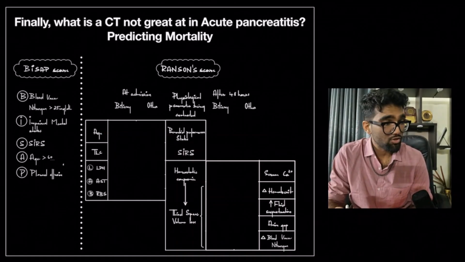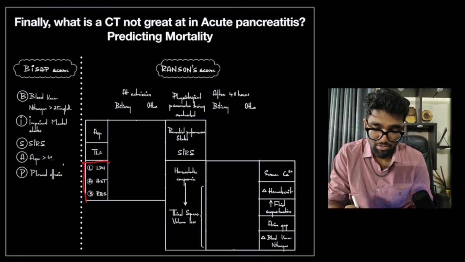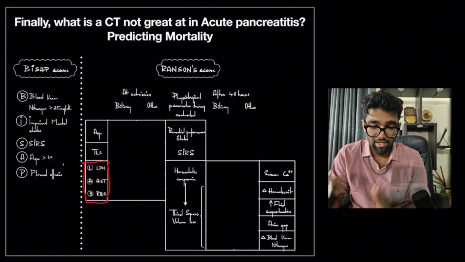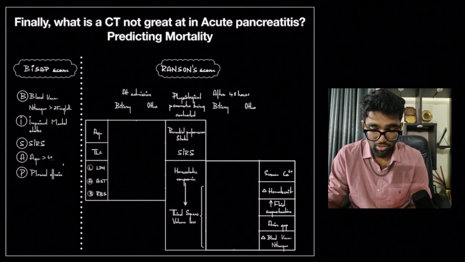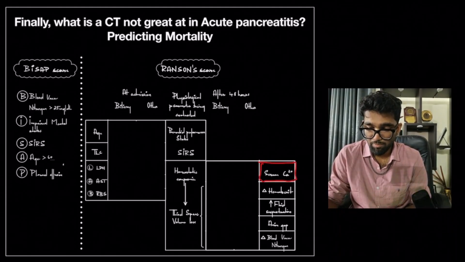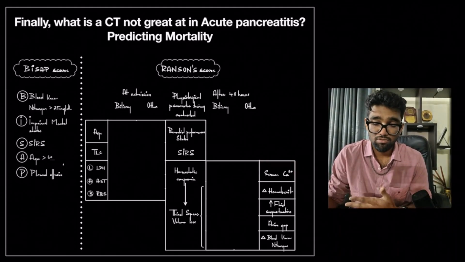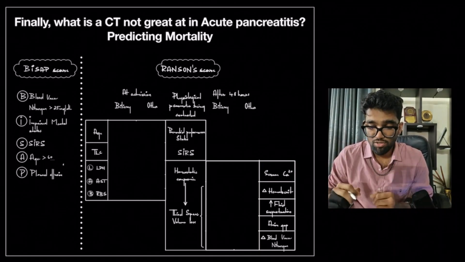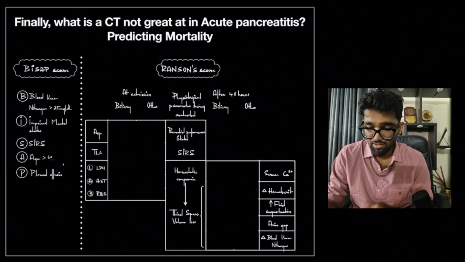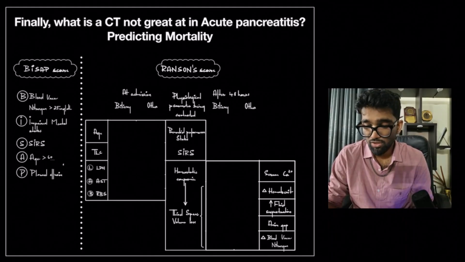In case of homeostatic compromise at admission, lab parameters, that is LDH, AST, and just the AST, not ALT, and the blood sugar level values are important. Whereas later on, after 48 hours, the parameters that are important are serum calcium, and this is something that is routinely missed by people because the necrosis will result in release of anions which chelate calcium and cause a reduction in serum calcium level, so hypocalcemia, as we've discussed in our talk on the clinical presentations and complications in the previous talk.